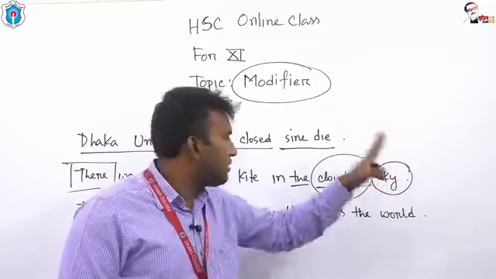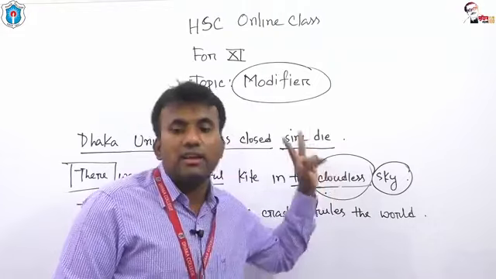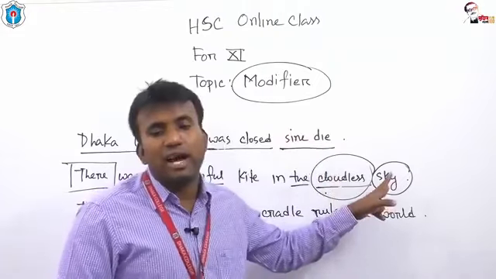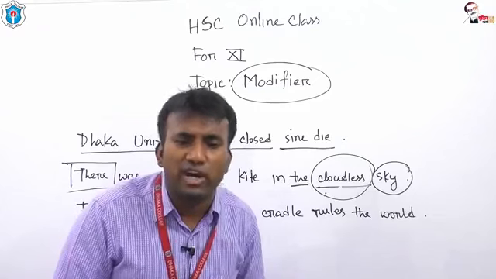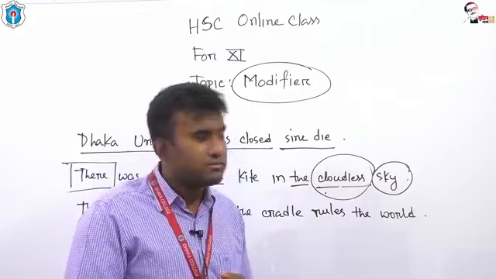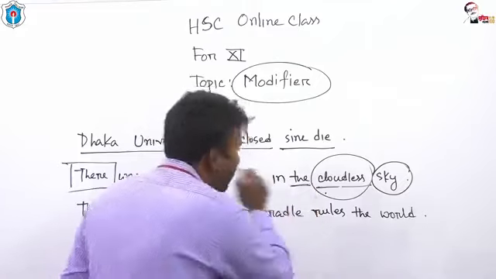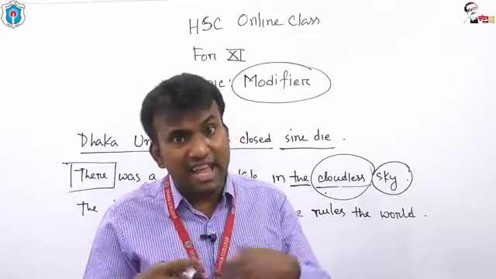Sky is a noun, that's why cloudless is an adjective, and cloudless qualifies the noun. That's why adjective is called a qualifying word. Look at the. The is an article.